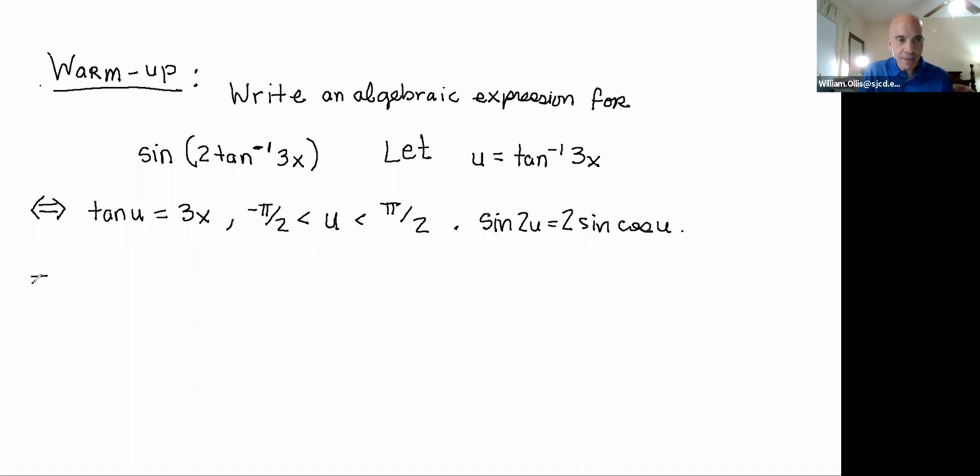So this implies sine, we'll just go back to the original problem, of 2 inverse tangent of 3x. And now I'll go ahead and replace with u, and of course here, sorry about that, there's a u in there. I'm sure you all saw that. This will be 2 sine u cosine u.